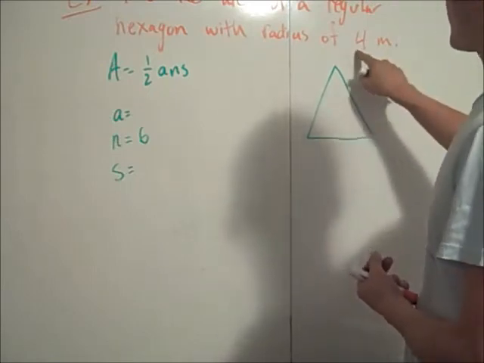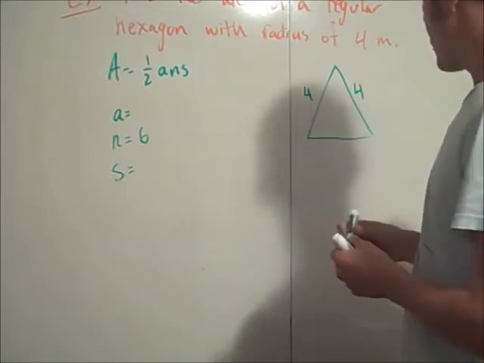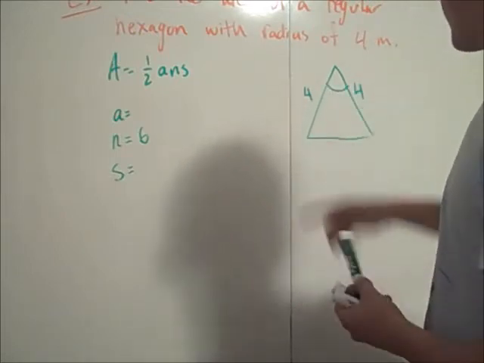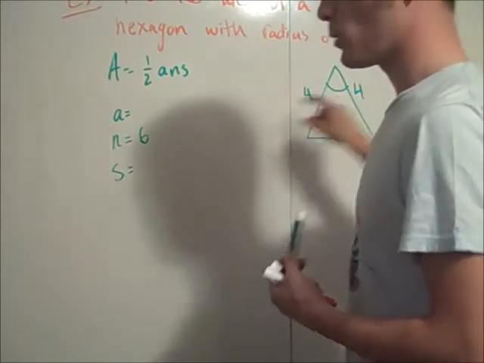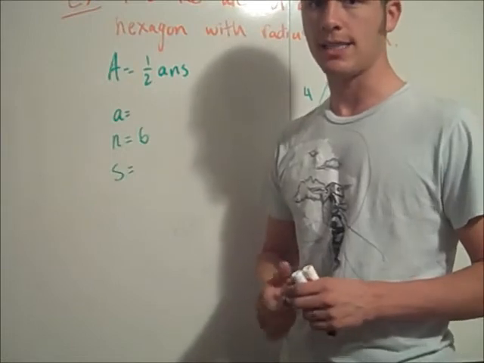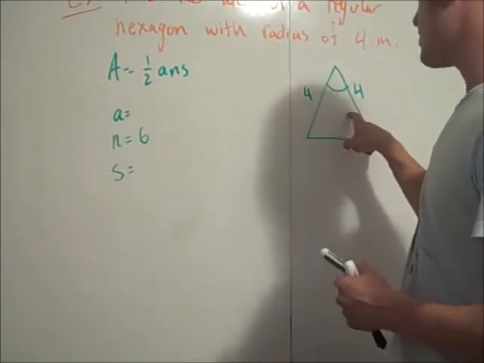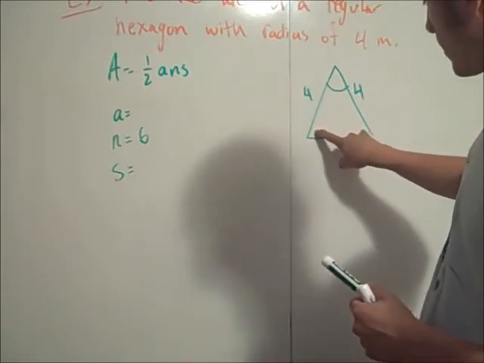And we know that the radius is 4, and so this is 4, and this is 4. Where this is the central angle of the hexagon. So to find the central angle of the hexagon, we take 360 and divide it by 6. Well, 360 divided by 6 is 60. And since this is isosceles, those two angles are congruent.